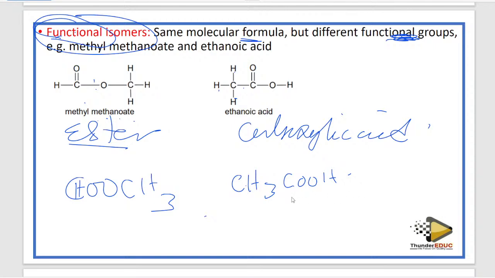Remember when I told you that in a carboxylic acid the H must be at the end, while the ester must have carbons in between. So we call them functional isomers. We will look at them in detail so that I can explain better.